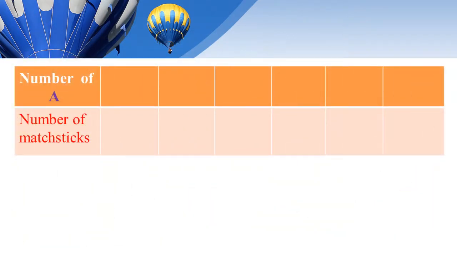Now, observe the pattern given along the side. We write: the first shape has 3 matchsticks, the second shape has 6 matchsticks, the third shape has 9 matchsticks, and the fourth shape has 12 matchsticks.